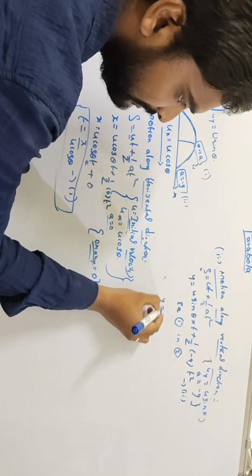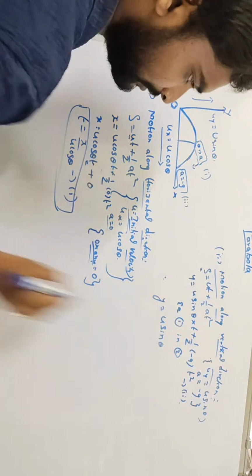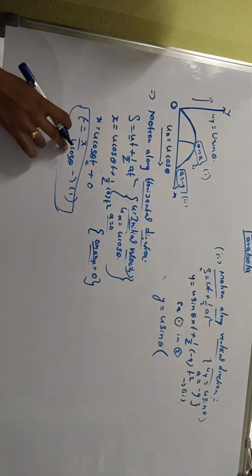So y is equal to u sin theta into, clearly t is equal to x by u cos theta.